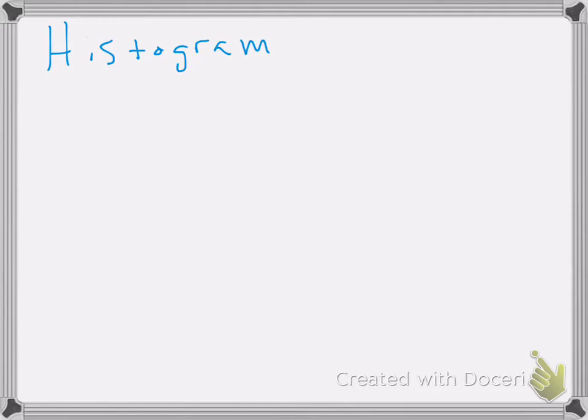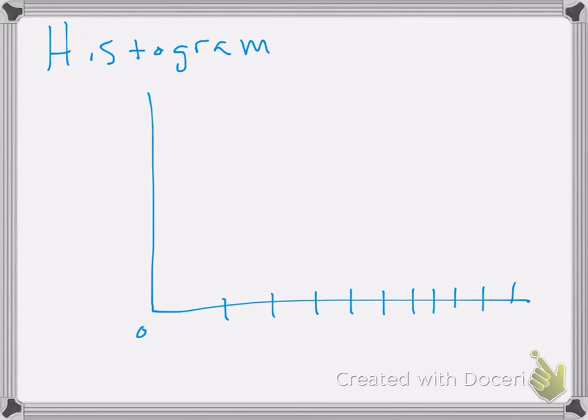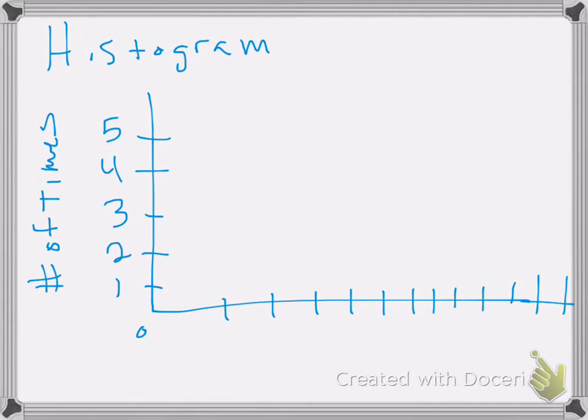All right, your histogram. We're just going to go 0 to 1 to 2, 3, 4, 5, 6, 7, 8, 9, 10, 11, and 12. So all you're going to do is you're going to say, here's 1, 2, 3. I didn't have any more than 3, but you could have rolled it 4, 5, or 6. So here I'm going to say number of times rolled.